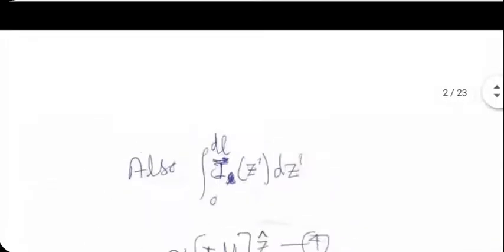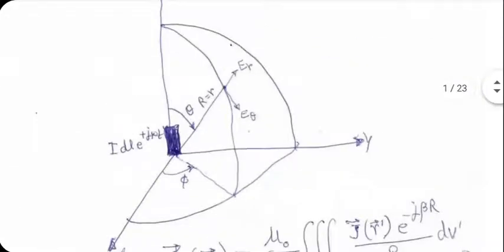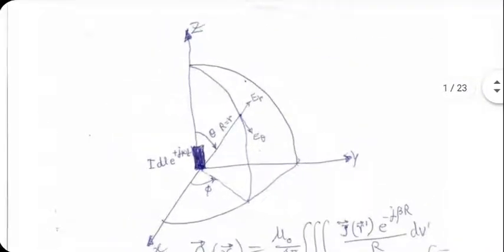On top of it, because of the physics of the problem involved, we would assume that d by d phi is 0 throughout. It's the same wire which is uniform in geometry in the phi direction. So d by d phi will be assumed to be 0 throughout in this particular case.